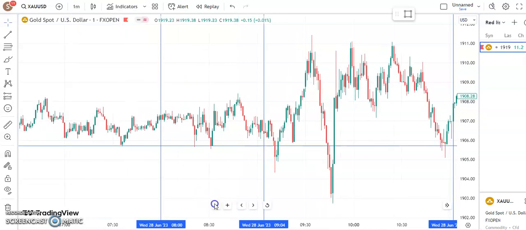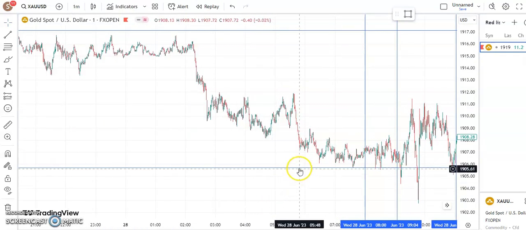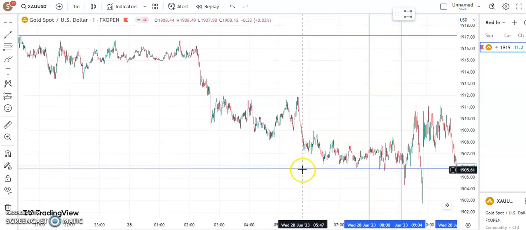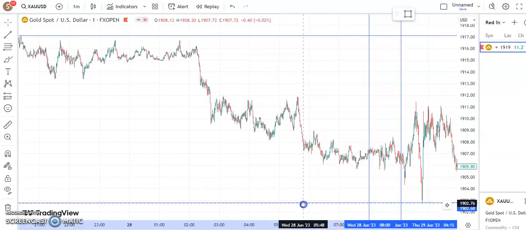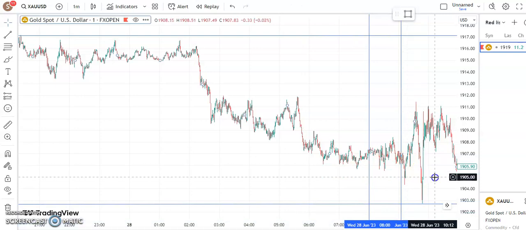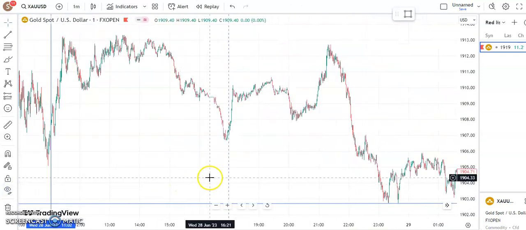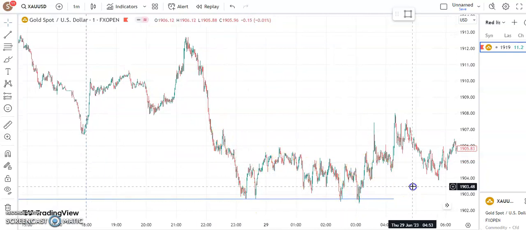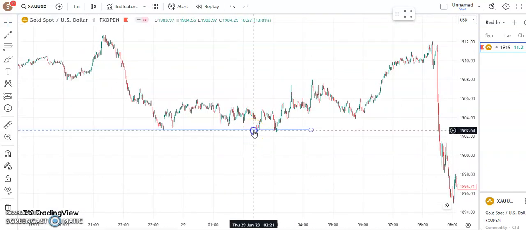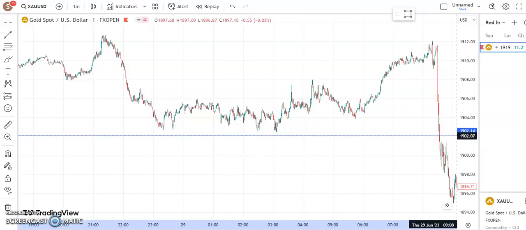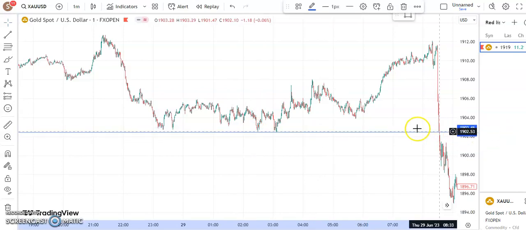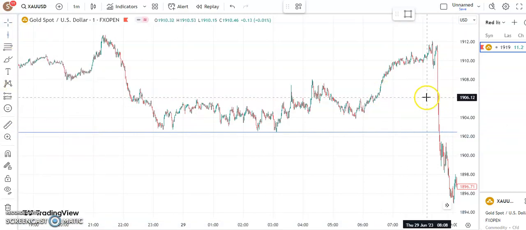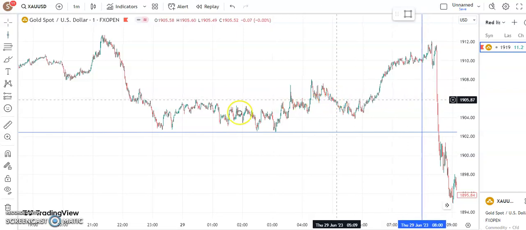On Thursday, we have our new low of the week here. On Thursday, the market was working the low during the London session. Beautiful. And then we had a massive drop.